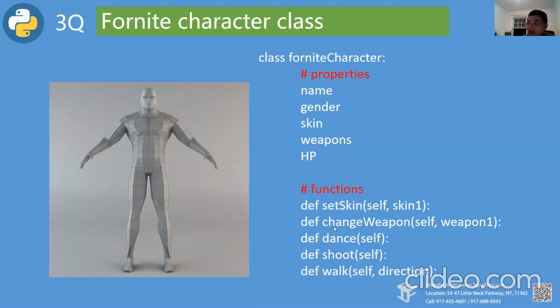And we can have a function called change weapon, because I have a lot of weapons. The other actions are change weapon, switch weapon, and dance. I know in the waiting hall, the waiting stage, the character is dancing there, which means every character has the dance function, because the dance function will be called when it is needed.